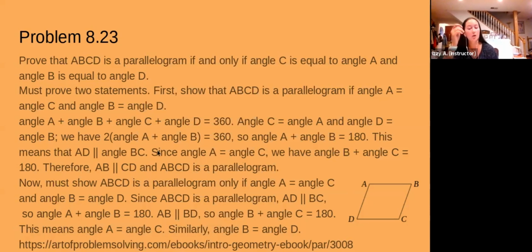This means that angle A is equal to angle C. Similarly, angle B is equal to angle D. So we just proved the 2 statements, meaning that we can say that ABCD is a parallelogram if and only if angle C is equal to angle A and angle B is equal to angle D. That is how you would prove an if and only if statement.